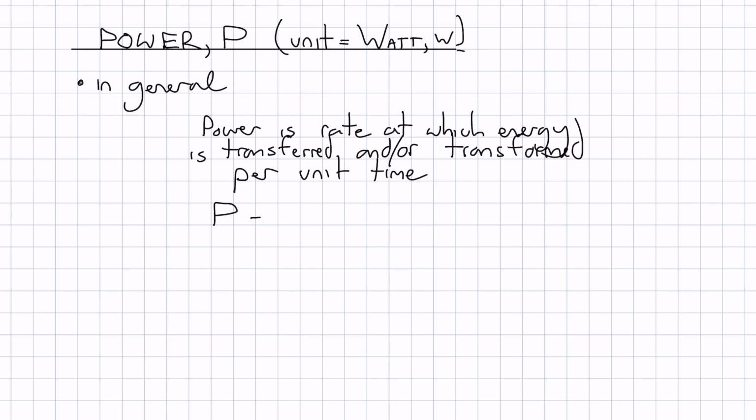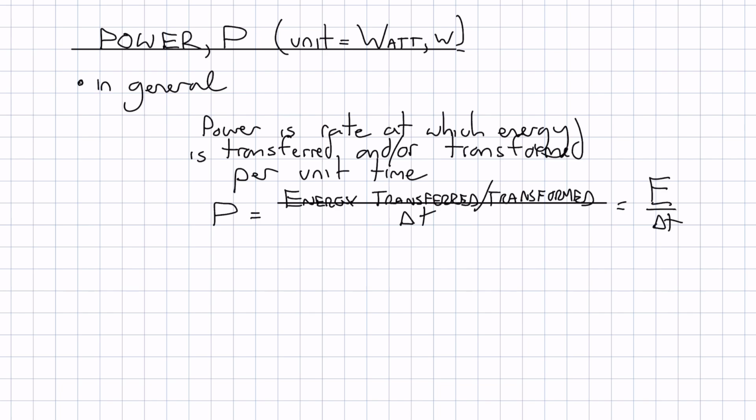So it's an amount of energy, which we measure in joules, divided by the time it takes to transfer or transform that energy. We can write this as capital E for energy over delta T. Sometimes we don't even worry about the delta part, we just write E over T.